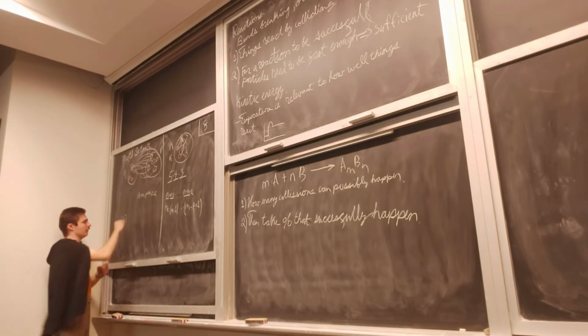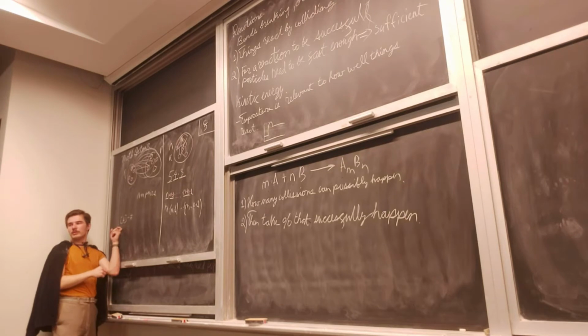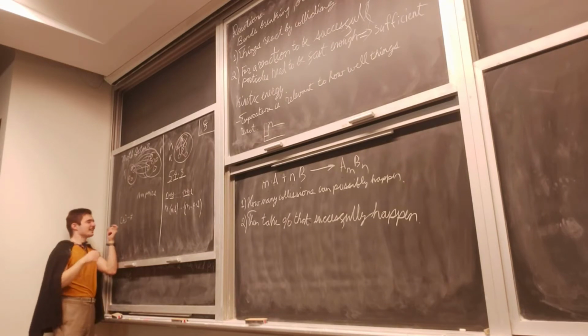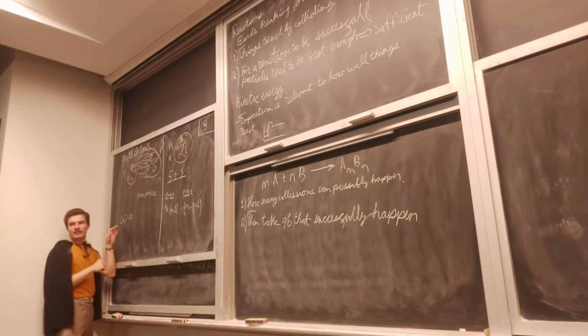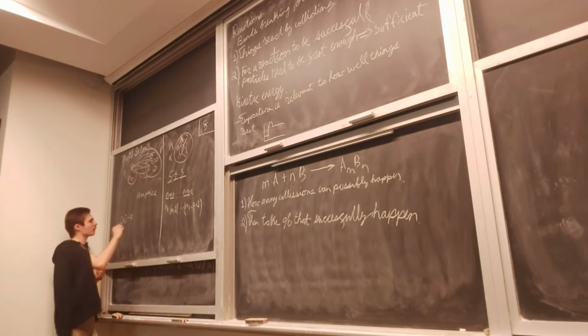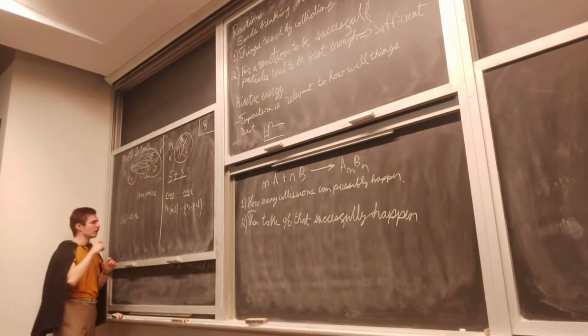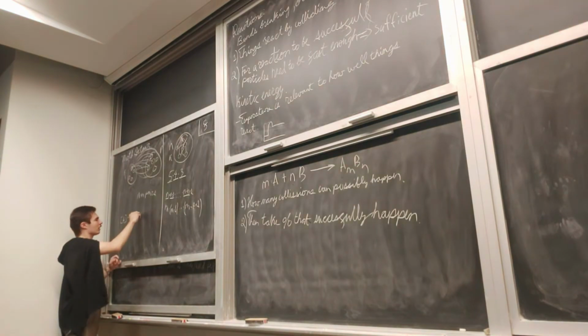Let's say that square brackets of A is the, you guys learned what the square bracket notation means in chemistry yet? Concentration, yes. Just pretend it doesn't mean concentration right now. Pretend this means just the number of particles of A, in single particles, not even in moles.